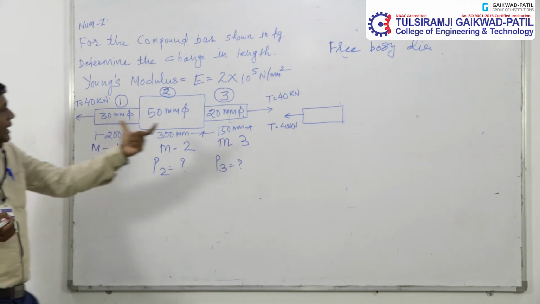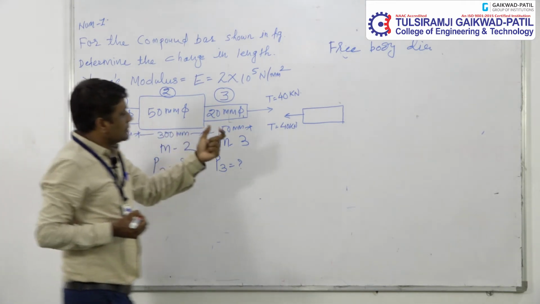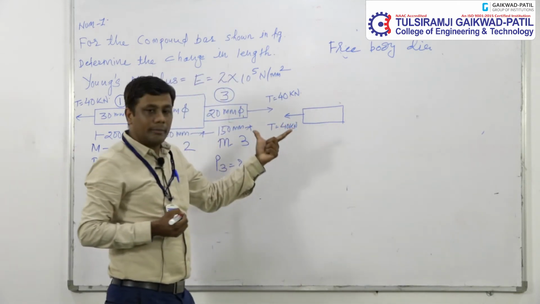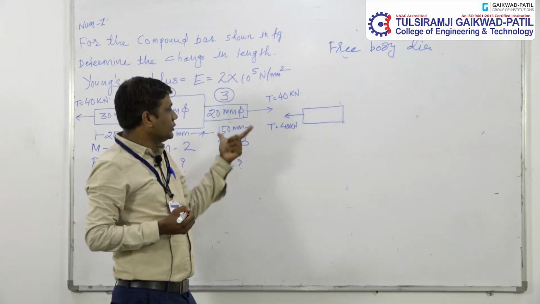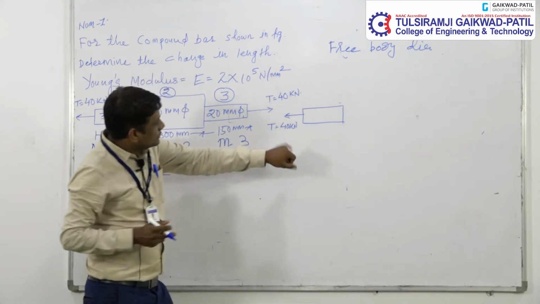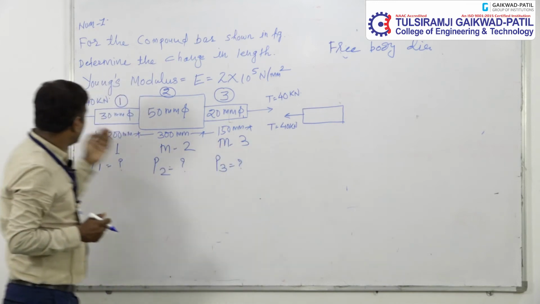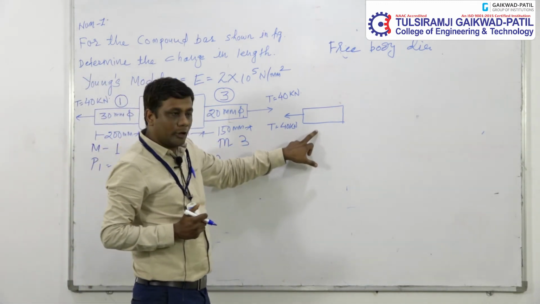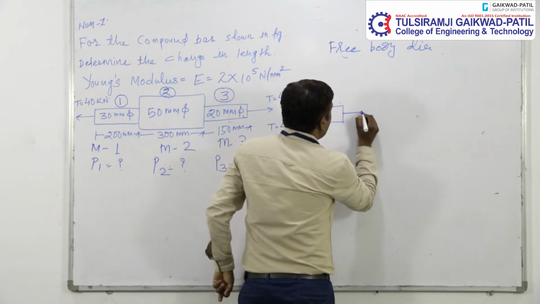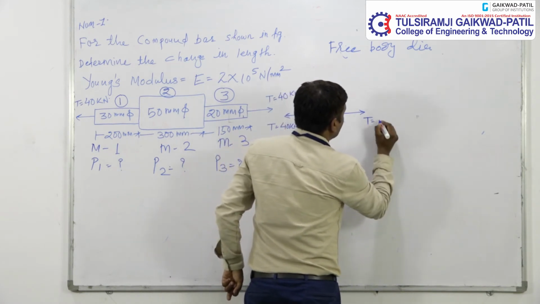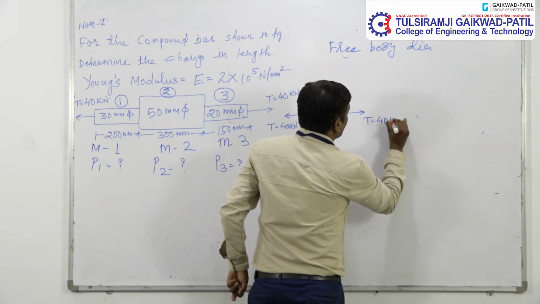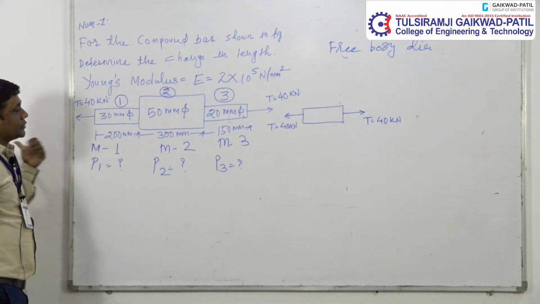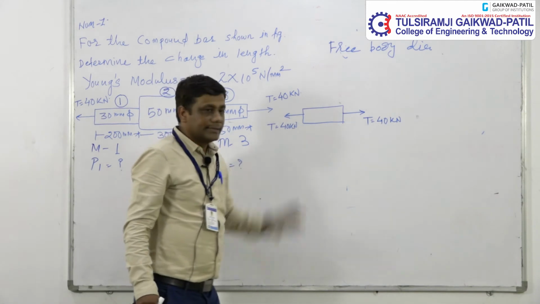So we have to balance the figure. When the same magnitude is applied on the right side, then this body will be in equilibrium and the net force effect will be 0. So this is the force of 40 kilonewton acting on the left side. To make this material in equilibrium, we apply the same magnitude of force in the right side direction. So a 40 kilonewton force is acting in the left side direction, and a 40 kilonewton force is acting in the right side direction.